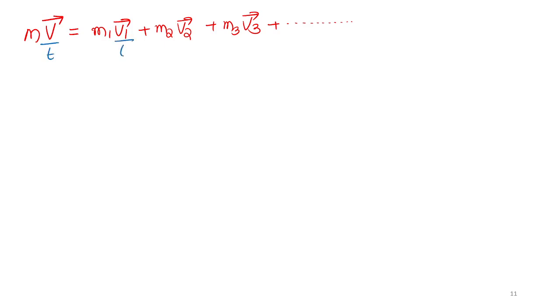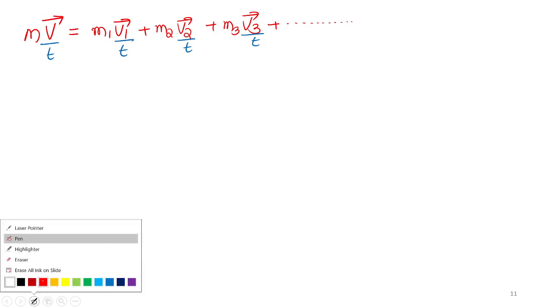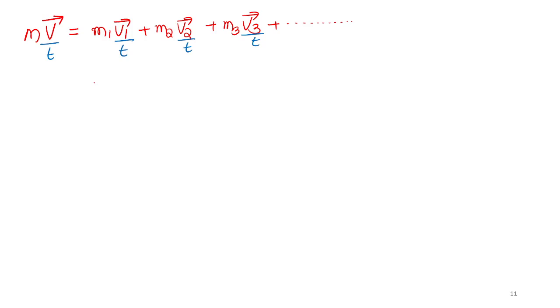Since you are not familiar with differentiation, let me explain in another way. Each side is divided by time. What happens on the right side? m1 into what is v1 by t?